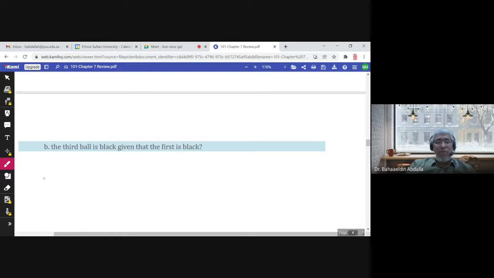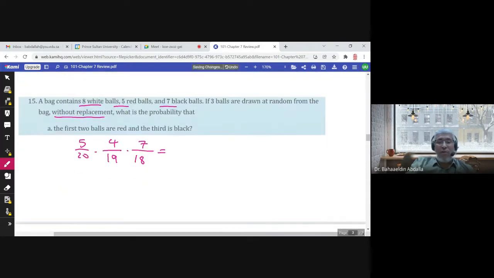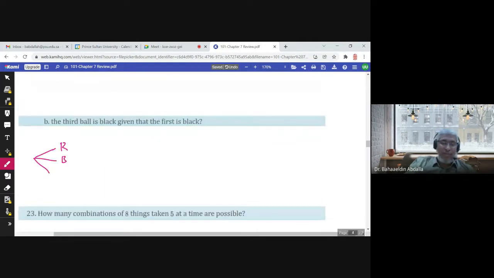So let us use the tree diagram to make it easier. The first ball could be red, black, or what? Or white. Now, if the first ball is black, I'll concentrate here.